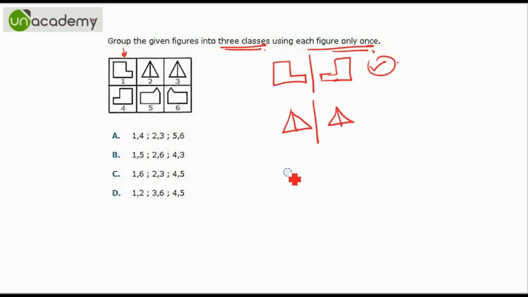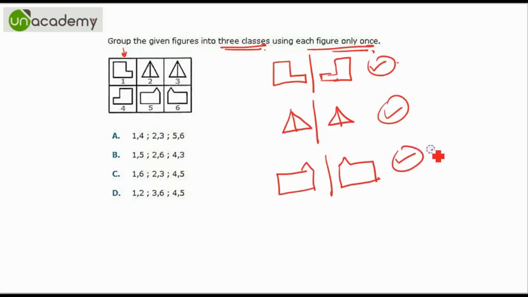These two are mirror image. These are mirror images. So it is a simple problem where we have 1, 4 in the same group, 2, 3 in the same group and 5 and 6 in the same group. So that is option A.